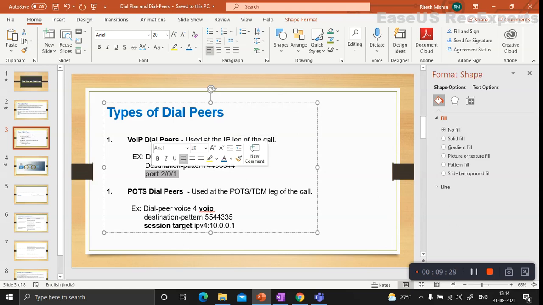It's a POTS port, a TDM-like port, right? This is how we define a port on the TDM leg for the dial pair. So this number will be matched and the call will be sent out through port 201.